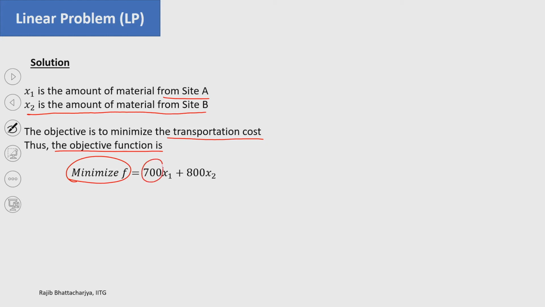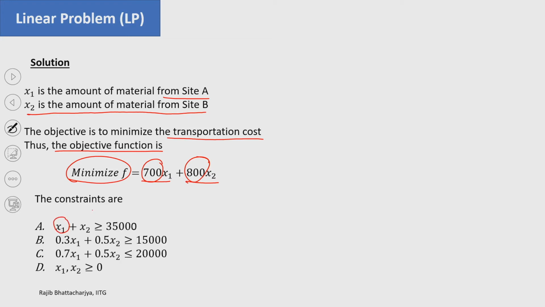That is 700 for site A. So, the total delivery cost will be 700 x 1, and from site B, the delivery cost is 800 x 2. And I would like to minimize this particular objective function, because I would like to minimize the delivery cost.